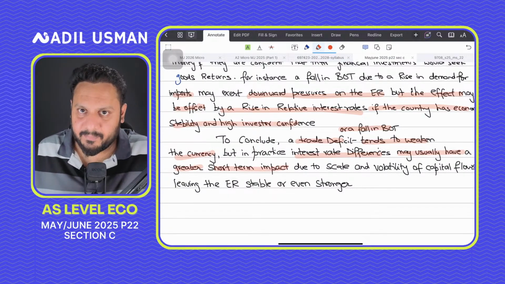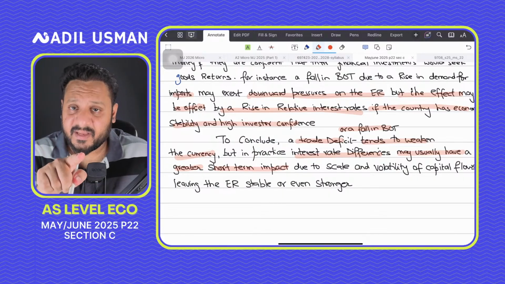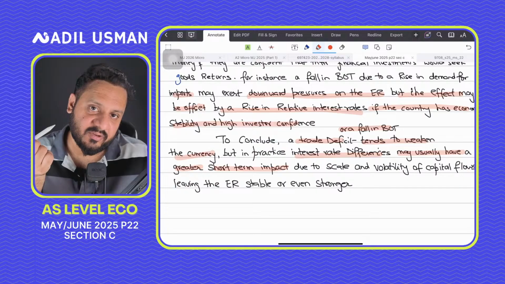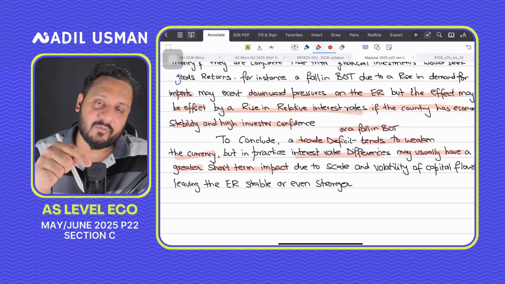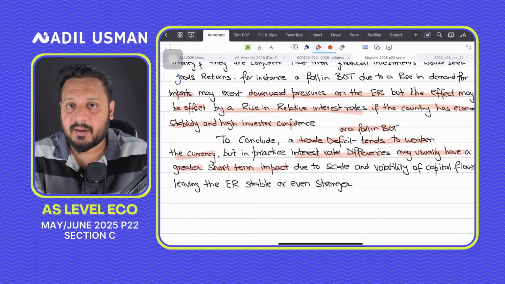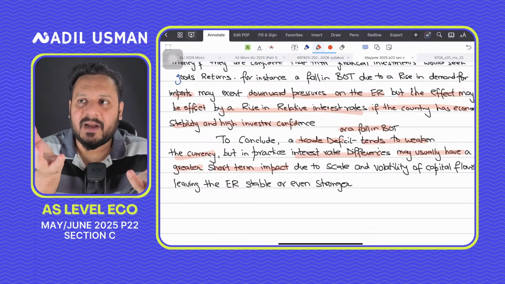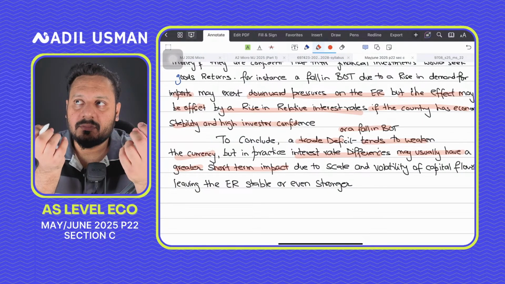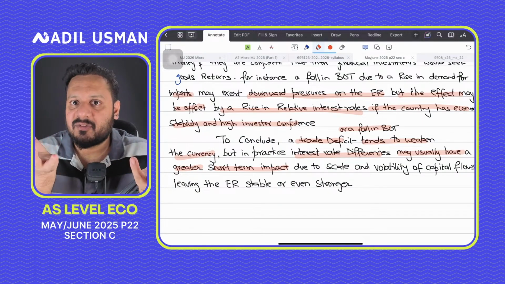They have a greater impact, but more short-term. A longer term impact on the exchange rate has to come from the balance of trade, exports and imports, because that speaks a lot about the country's structural issues as well.